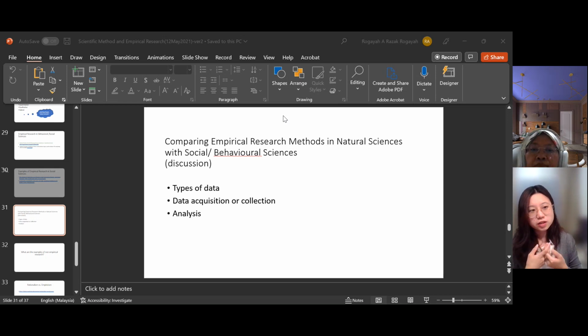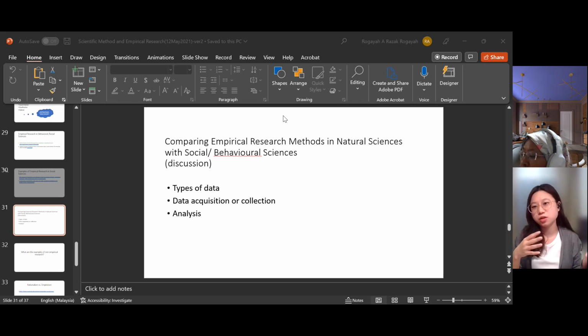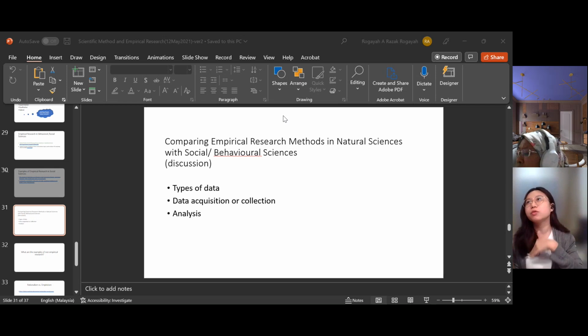The data is much more precise, accurate. It's more quantitative, I believe. I mean, it can be qualitative as well, but more quantitative-ish. The factors of flood occurrences in Malaysia, let's say, for example.